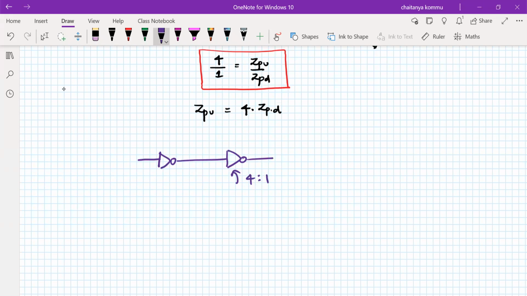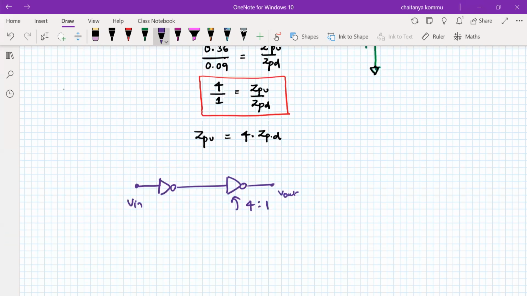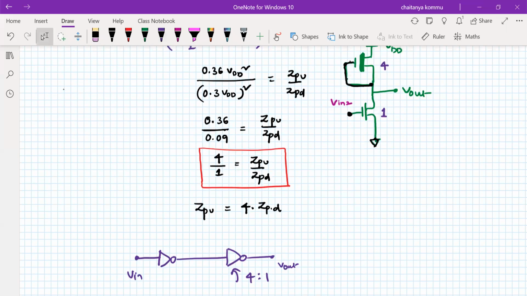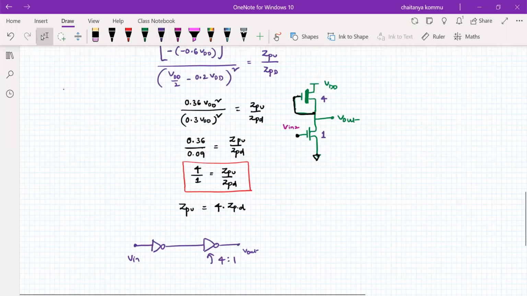Clear? Then only the signal transportation is possible very comfortably from the input side to the output side. I hope you understand this concept.